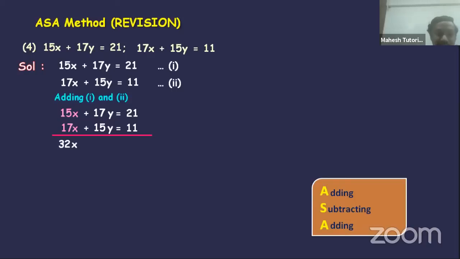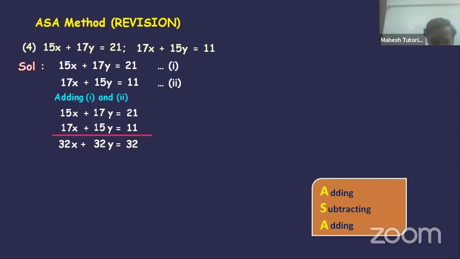Perfect, 32x, okay. Next, 17y plus 15y will give us how much? Very good. 32y is equal to 21 plus 11 will give us how much? Perfect. 32. Take care.